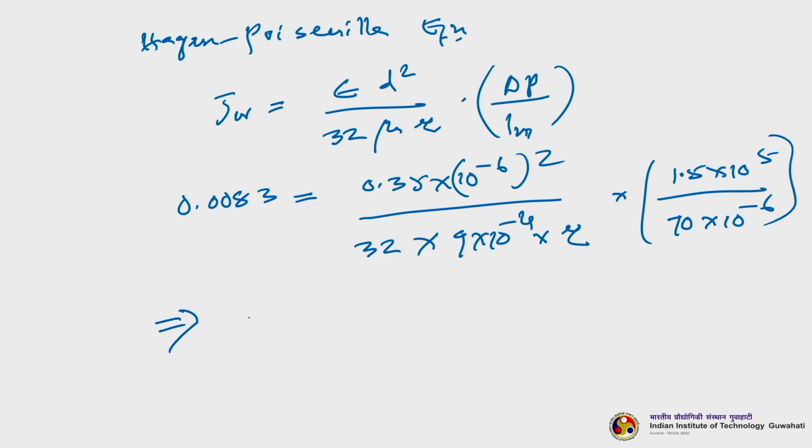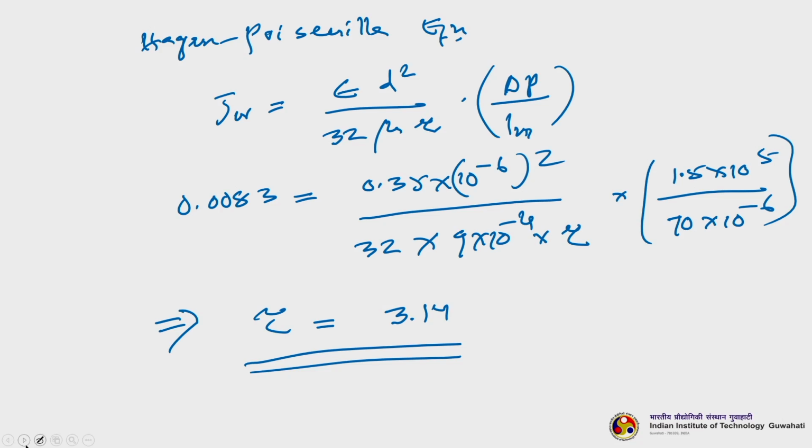So, from here you can calculate tau. The tortuosity is calculated to be 3.14. So, the tortuosity factor for this particular problem is 3.14.